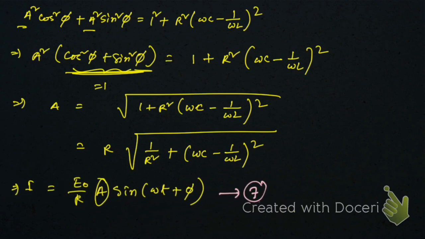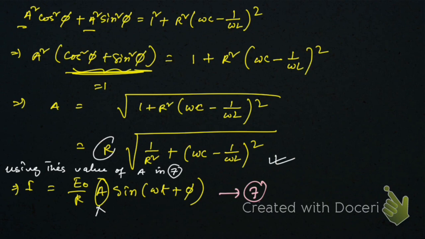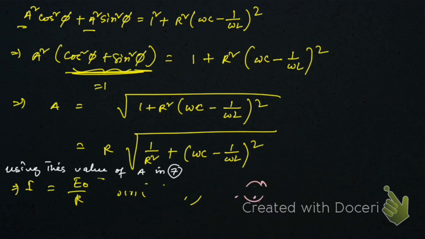Now you see, using this value of a in 7, what you will get, if you replace this a by this value, this R will be cancelled with this R, right? So then let me rewrite this equation. So this a is replaced by, just wait.